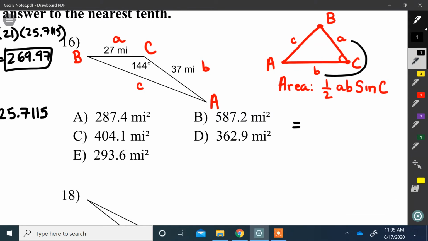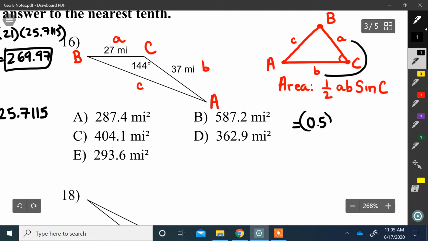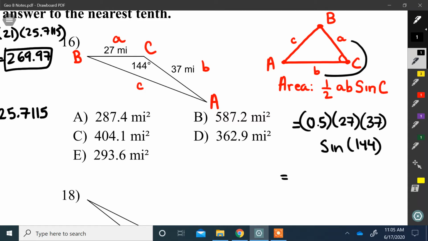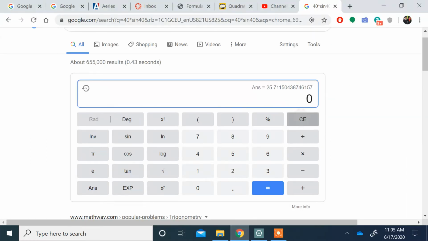So to find the answer, I'm going to multiply 0.5, which is half, times A, which is 27, times B, which is 37, times sine of 144. Let me actually use a calculator here.